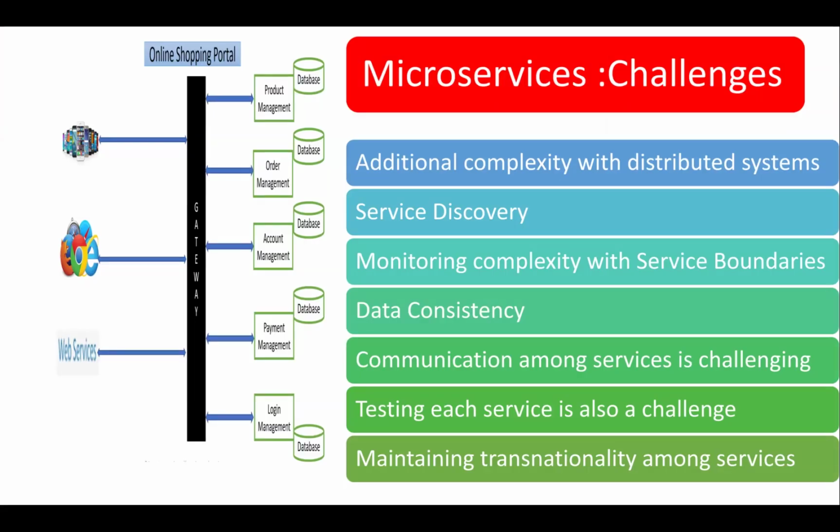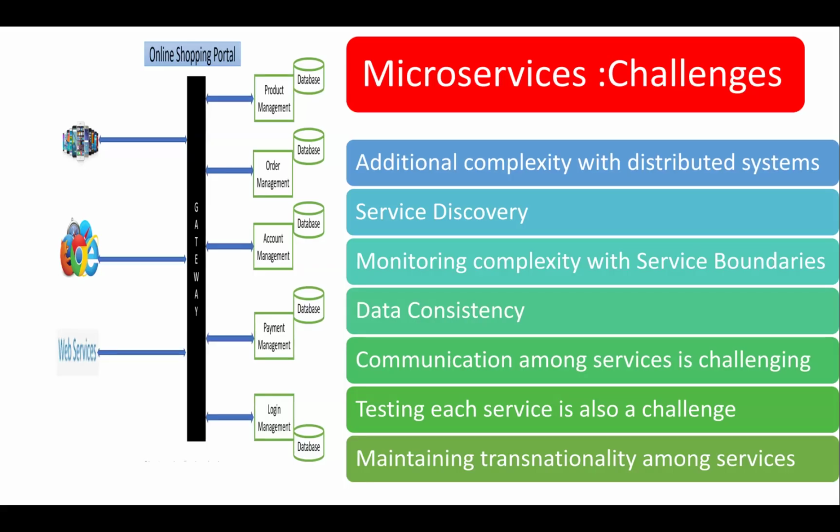First point is additional complexity with distributed systems. What do you mean by a distributed system? What is the meaning of a distributed system, guys? The meaning itself is telling, right? Multiple services. In the diagram you are seeing product management, order management, account management, payment management, login management. These are my services, right?